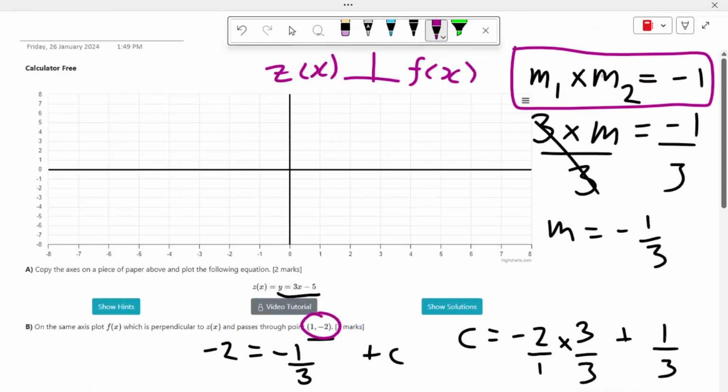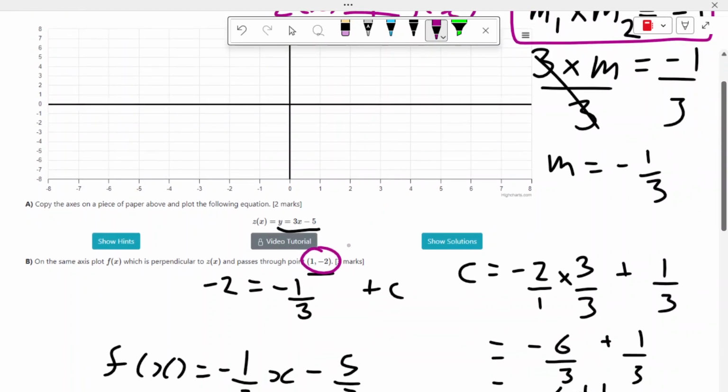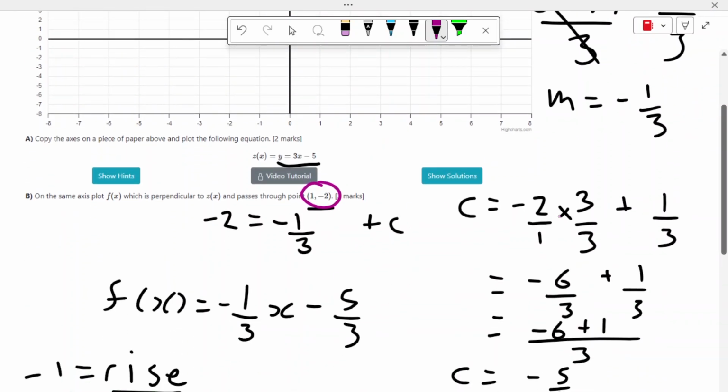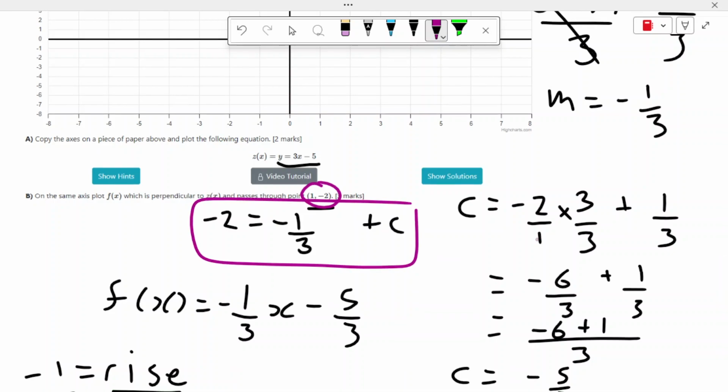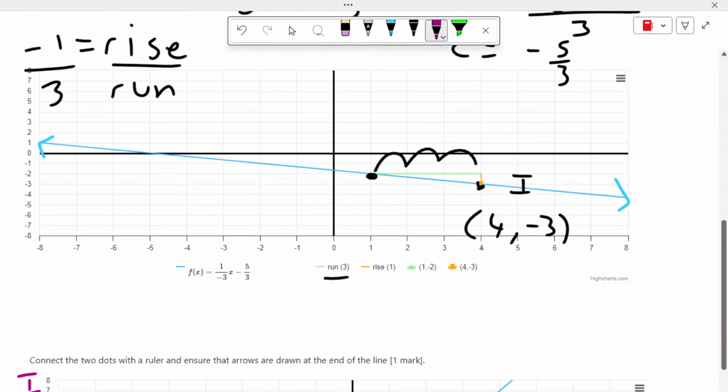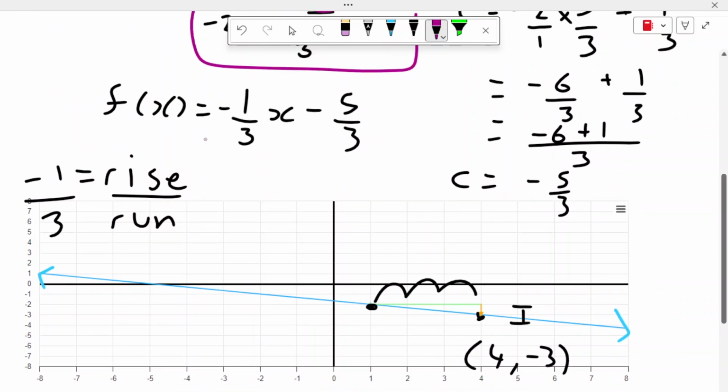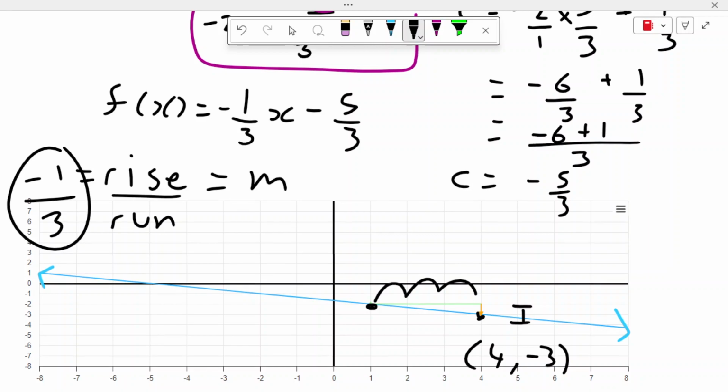Next step, once we do that, we can solve for our value of m. We substitute our point in and we solve for that. So that was over here, this point here. This was step number 2. And then finally the plotting aspect of it. There was this m component. If our m was a fraction, in this case minus 1 divided by 3, we'd have to run along by 3 before we can get another whole number.